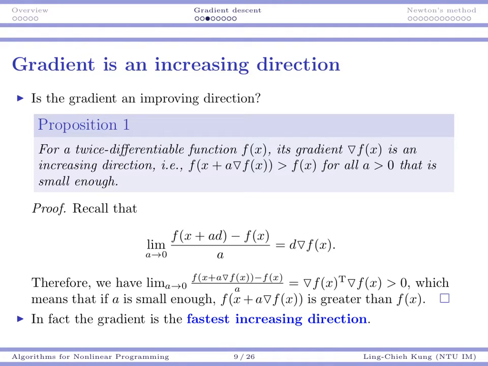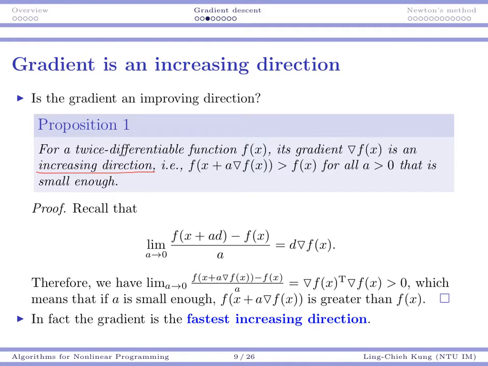Now we need to ask ourselves, is a gradient an improving direction? Or maybe it's not. Then, of course, we don't want to move along that direction. So the proposition is here. Given a twice differentiable function f, its gradient is an increasing direction.